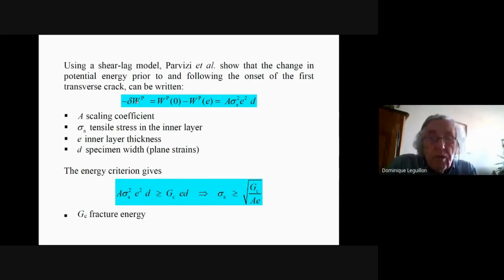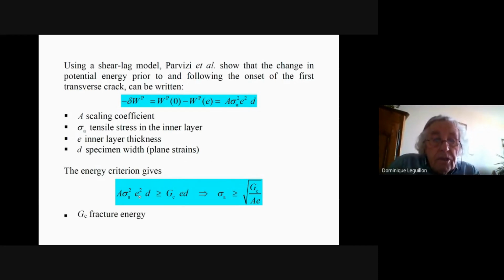Then we are able to calculate the potential energy with no crack, and the potential energy with a crack of length equal to the inner layer thickness. The scaling coefficient is proportional to the square of the load, the square of the inner layer thickness, and the width of the specimen. Because we are in plane strain, this is irrelevant.